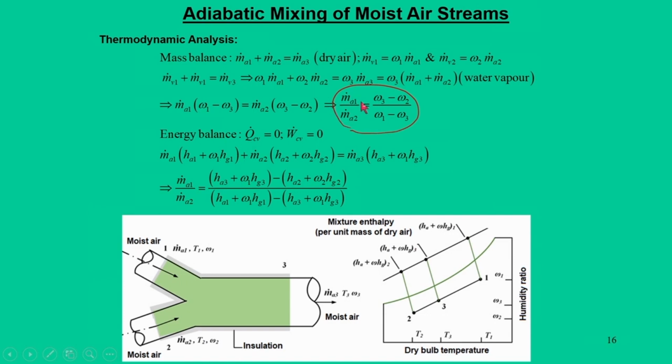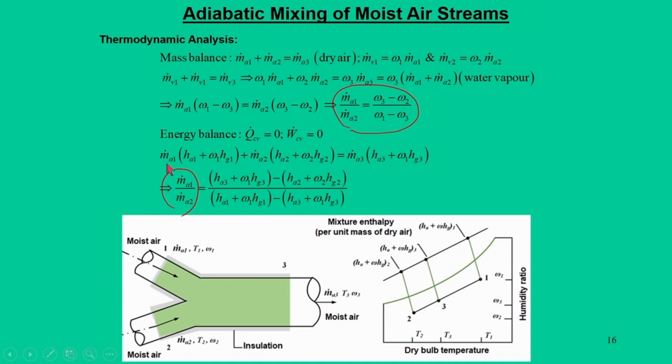In a similar way, we can find out m dot a 1 by m dot a 2 from the enthalpy equation also. Here, because it is adiabatic mixing, Q dot CV is 0 and W dot CV is 0.